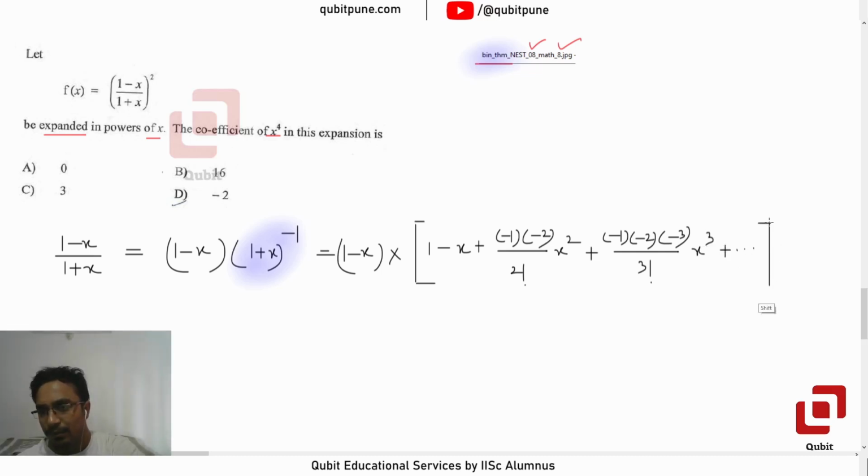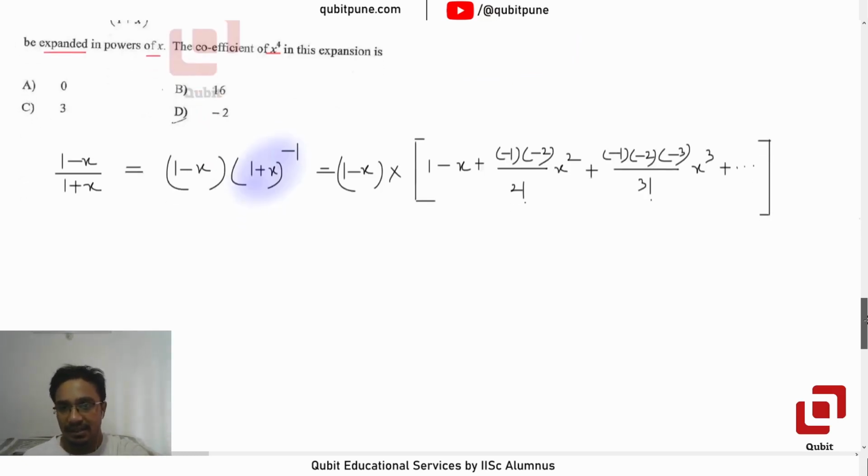Most of you will know it already, but in case you didn't, this is how it works. n is to be considered as negative 1, and then we don't write nC0. We cannot write nC0 because n is not a natural number, so we consider this particular way of expanding it.